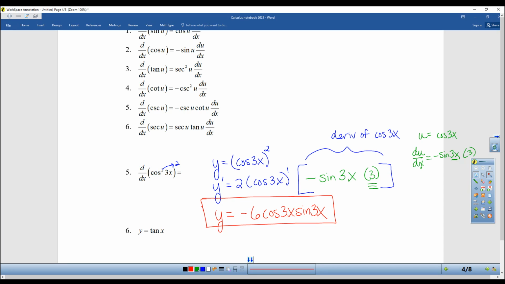So the one rule that you should really make sure you remember is this one from trig. 2 sine of 2x is equal to 2 sine x cosine of x. This was a double angle law. And how do I use that here? It means that if I have a sine and a cosine, I can write it just as a sine with a double angle.